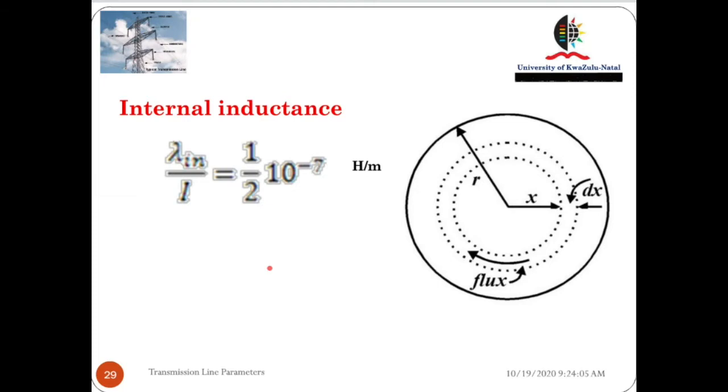flux density beta, or B. B is flux density, so B is mu times H. If we find out the H, then we can find out flux density. B is equal to mu H. Mu is the permeability of the conductor material, and it comes with two values multiplied together, mu 0 and mu r.